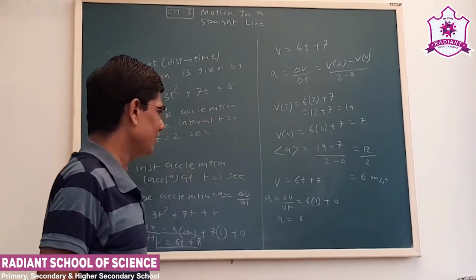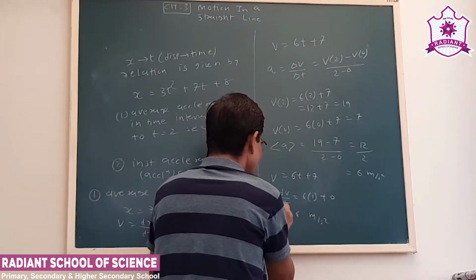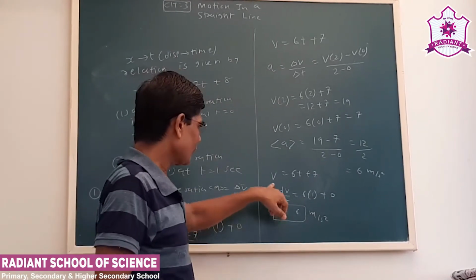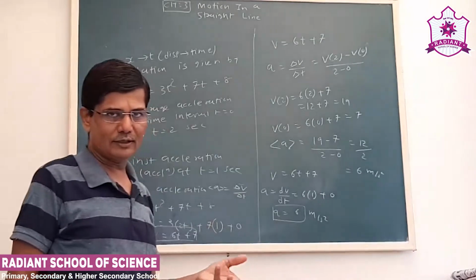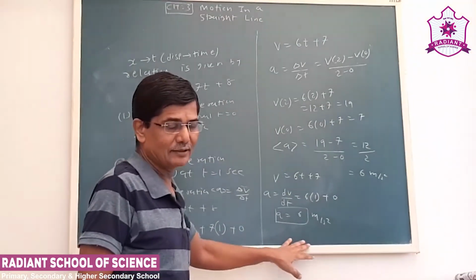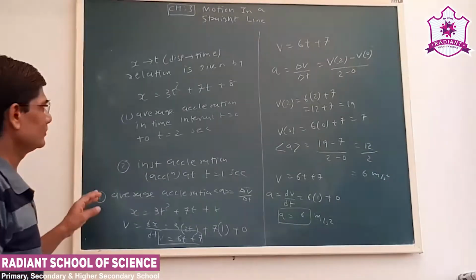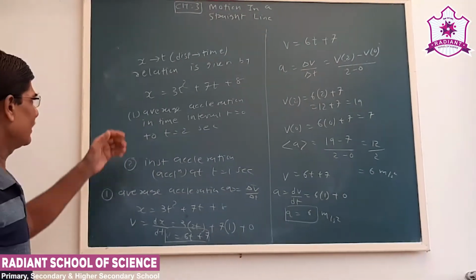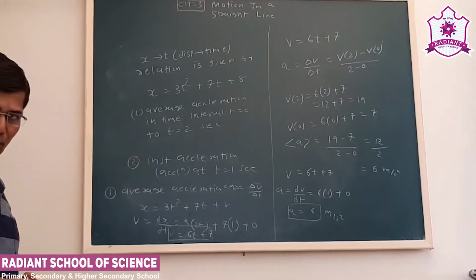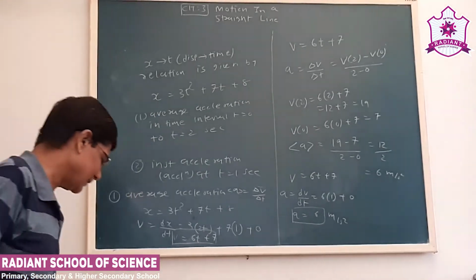Now what we see here is that this value is constant and does not depend on time, because in the equation of acceleration there is no t. That's why the motion described here is with constant acceleration. So this is how we can obtain the value of average acceleration and instantaneous acceleration for a given displacement versus time relation. We take another example.